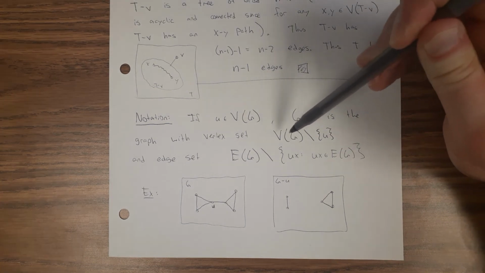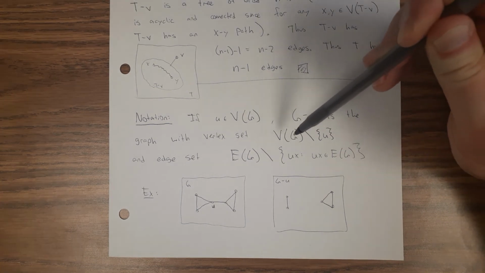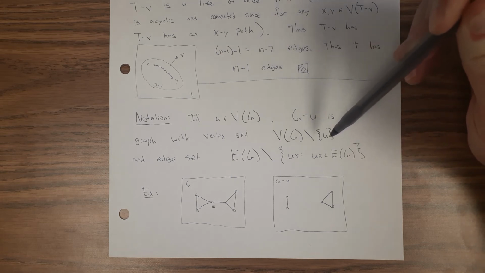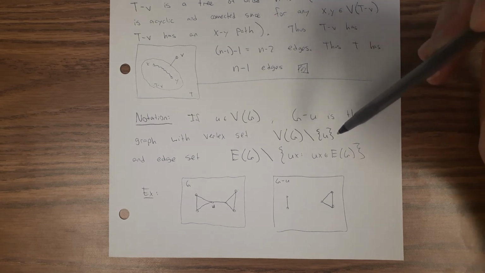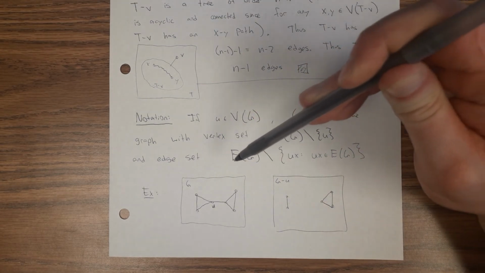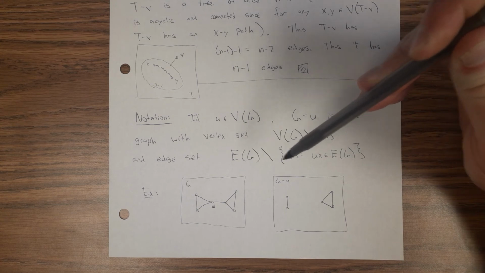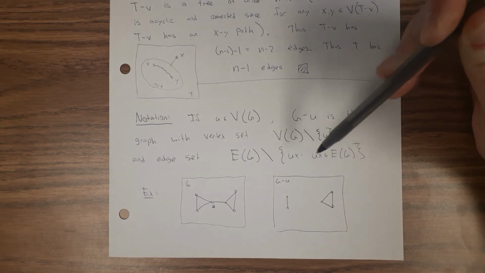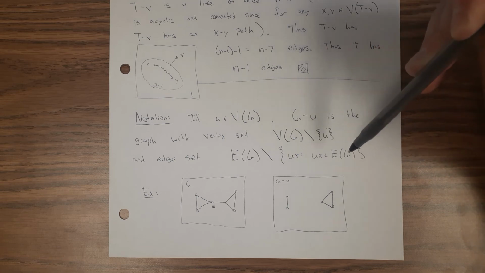First of all, the vertex set is just going to be the same vertex set as G, but without the vertex U, the one that you're deleting. The edge set is going to be all the edges of G except any edge that touches U, any edge that has U as an endpoint.